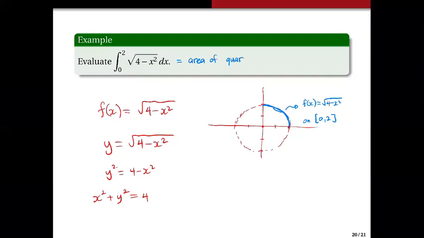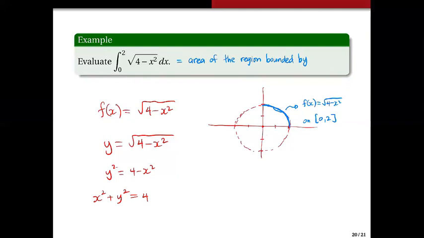Okay? Or the area of the region bounded by the quarter circle over the interval 0, 2.